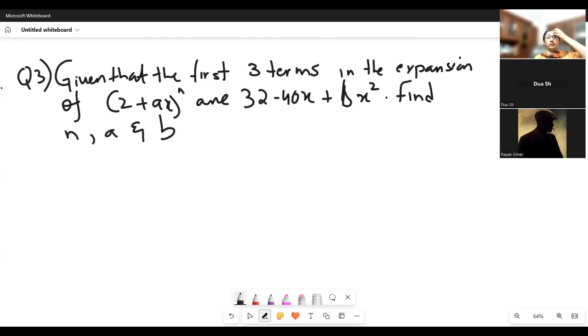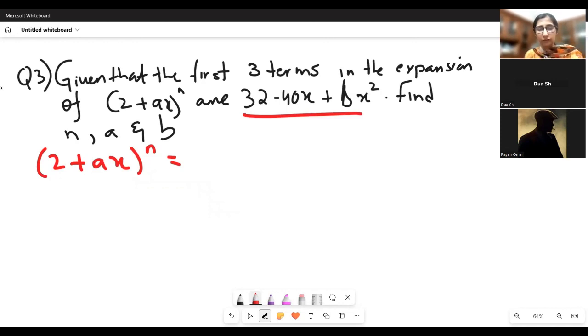Okay. So what we'll do, we will expand (2 plus ax) power n, and let's see what are the first three terms that we get. And then we'll be comparing our answer with this, and that would hopefully get us n, a, and b.